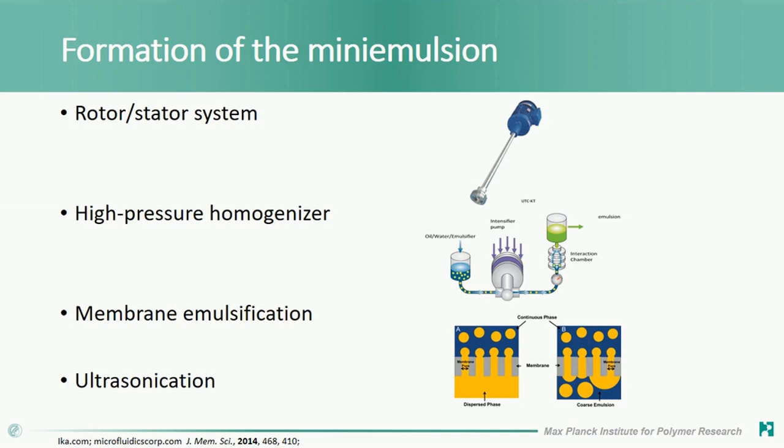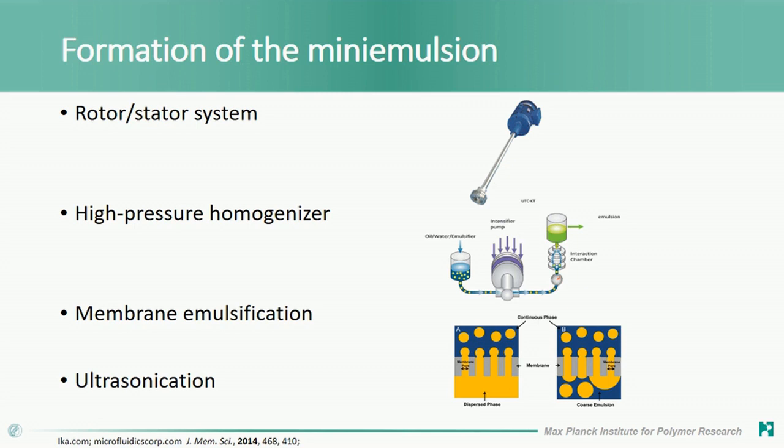It could push through a very narrow channel, or into a different channel that will create impact, and then you have a combination of shear that will break the droplets, of cavitation, of impact force that will lead to the formation of the uniform droplets. Those two processes are usually the ones that are used to scale up the production of miniemulsion.